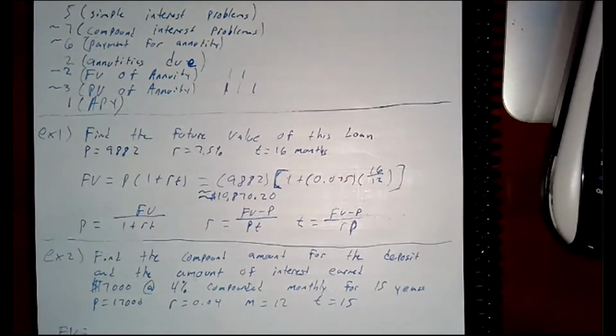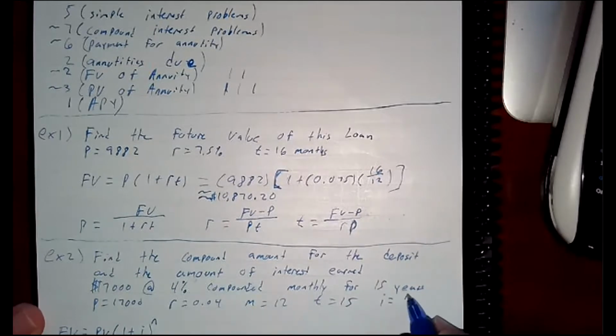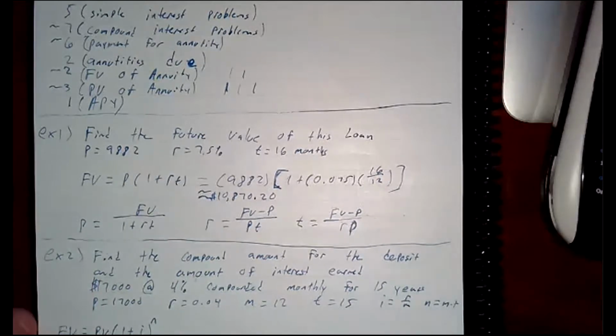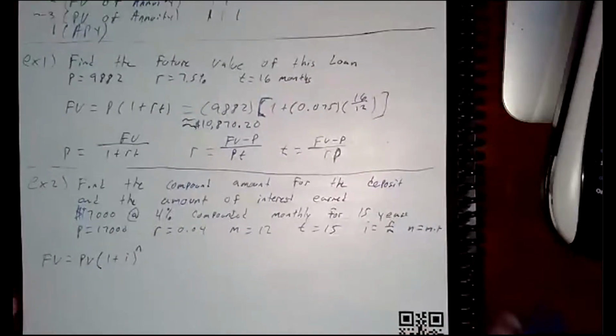So future value is equal to the present value or principal, however you want to think about it, times 1 plus I to the n. Remember that I is R over M, and N is M times T, right? Okay.